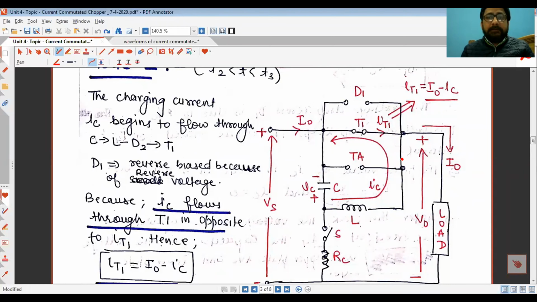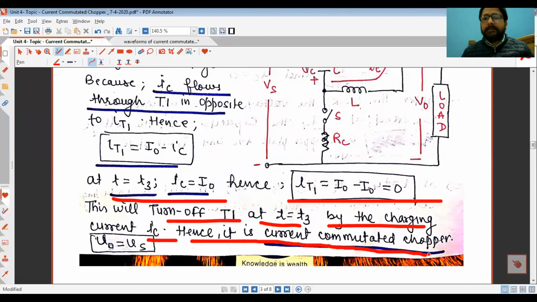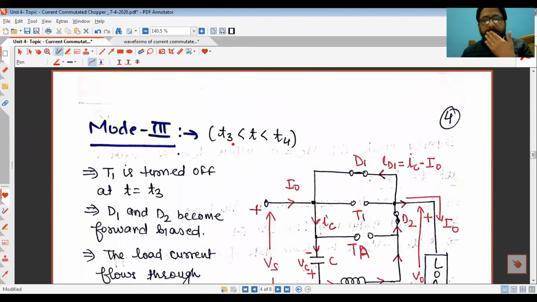Just because the anode current is suppressed by a negative current, we call this chopper circuit the current commutated chopper, because current is used to turn off the main SCR. The whole story is written here: this will turn off T1 at T equal to T3 by the charging current IC, hence it is known as current commutated chopper. Now let us come to mode 3.